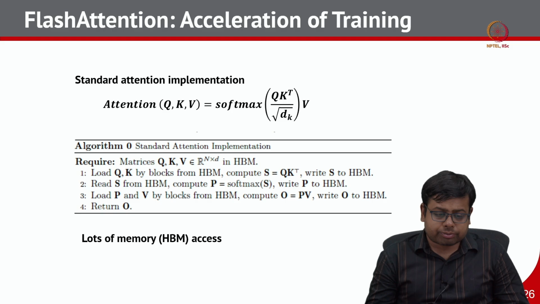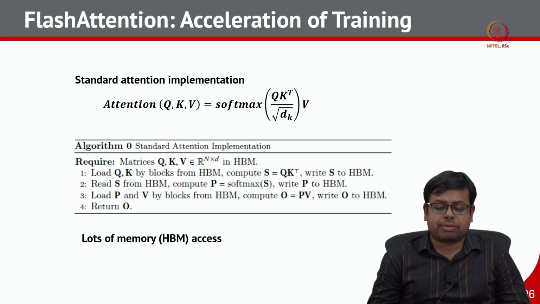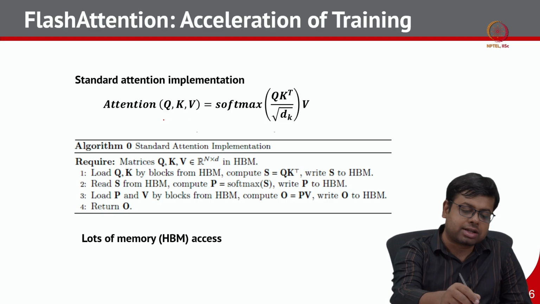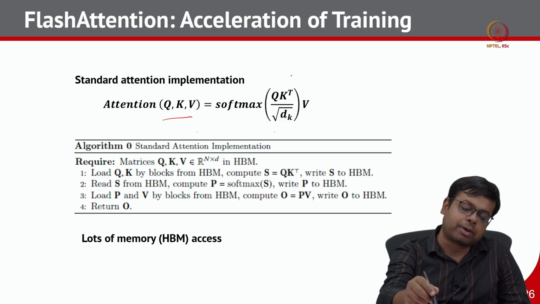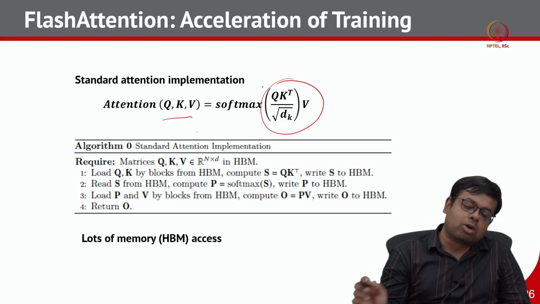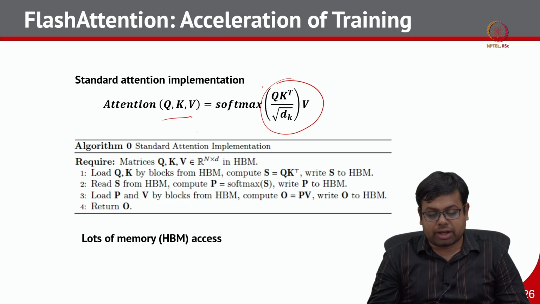Now for a standard attention implementation, if you remember, we had this attention of Q, K, V, which is nothing but softmax of QK transpose over square root of d_k, multiplied by V, right.